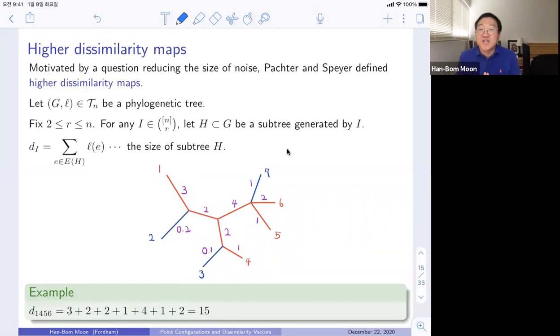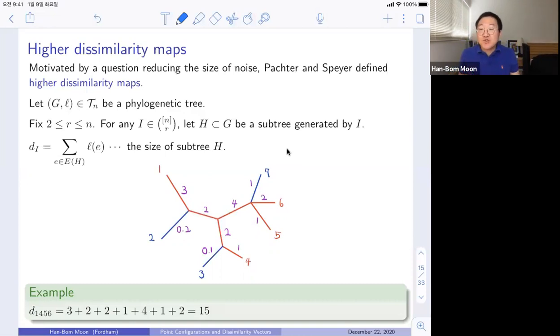We have to deal with the noise. But there were people in computational biology who wanted to find some way to reduce the size of noise in the input data. So this question was one of the motivations for Pachter and Speyer to define the higher dissimilarity map.